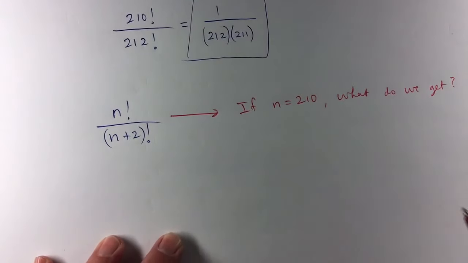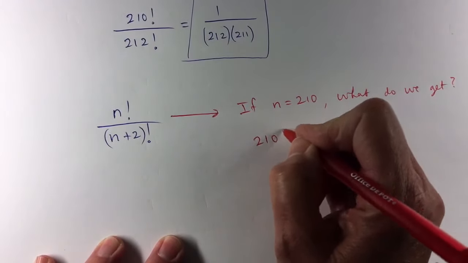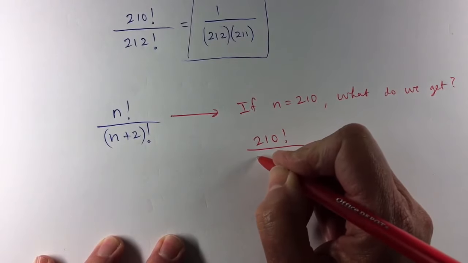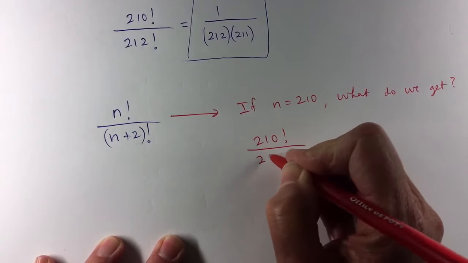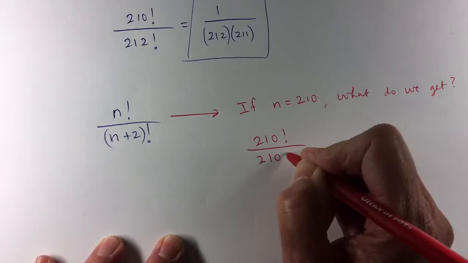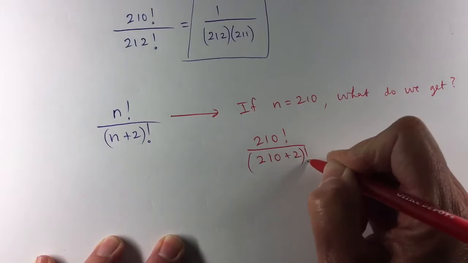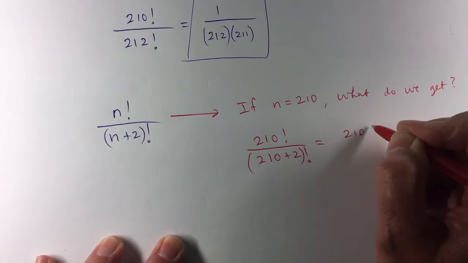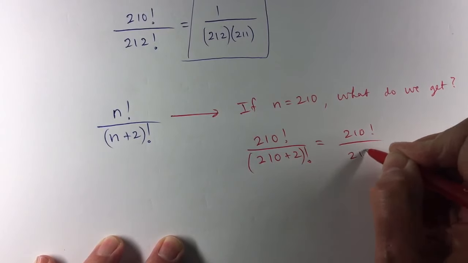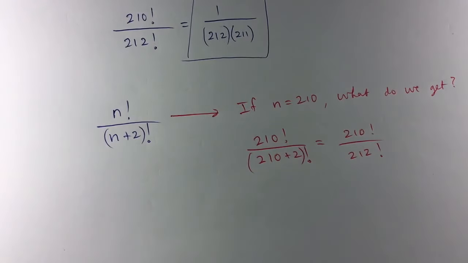If n is 210, we get 210 factorial over 210 plus 2 factorial. So we get 210 factorial over 212 factorial. And that's the problem you just did. So they're very much alike.